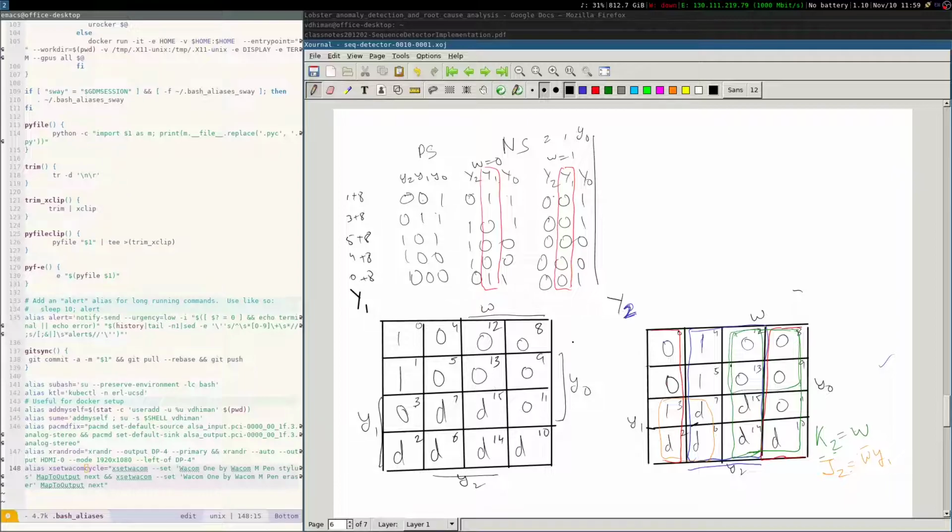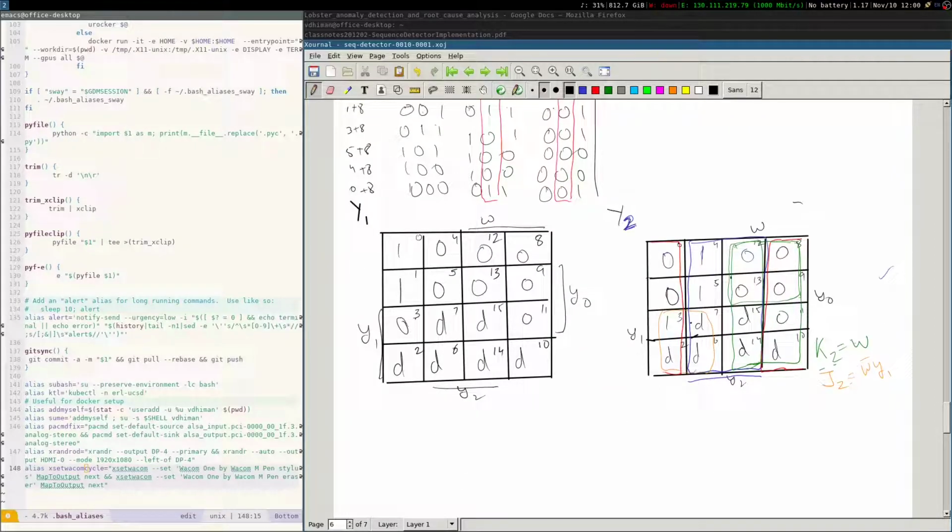So let's write down the excitation table again for JK. We have 4 possible transitions that we might want.